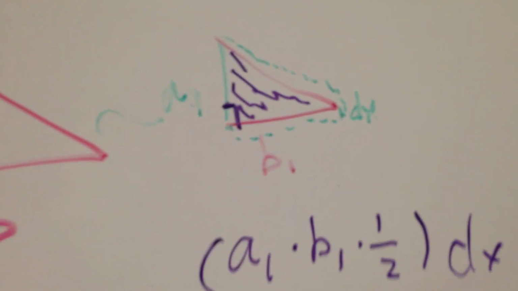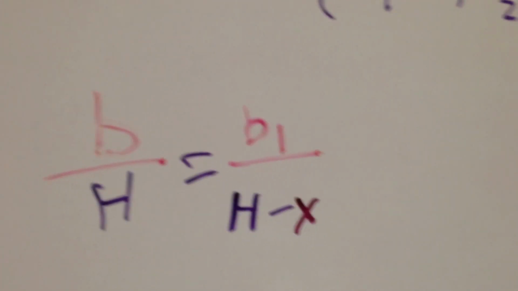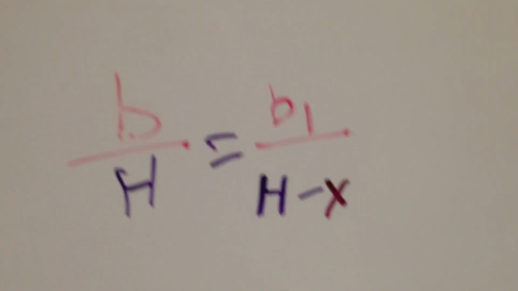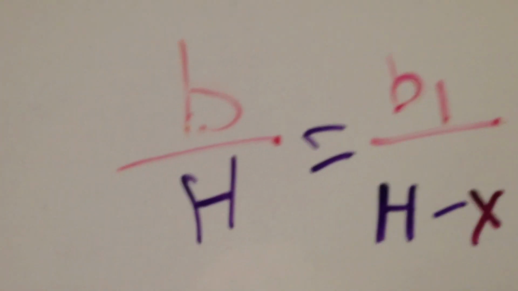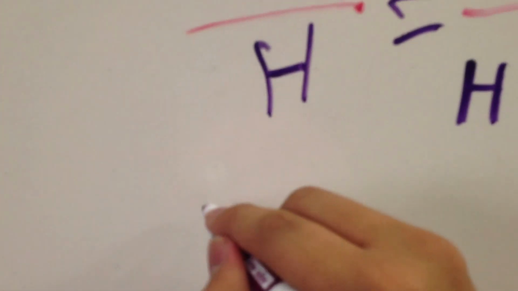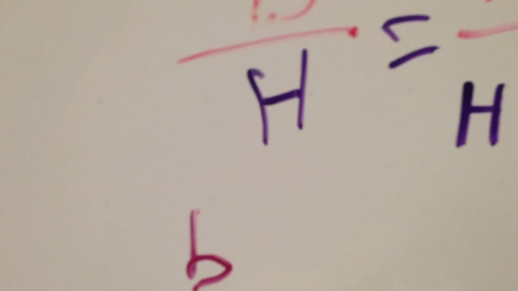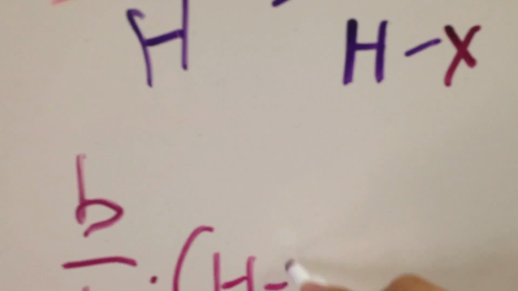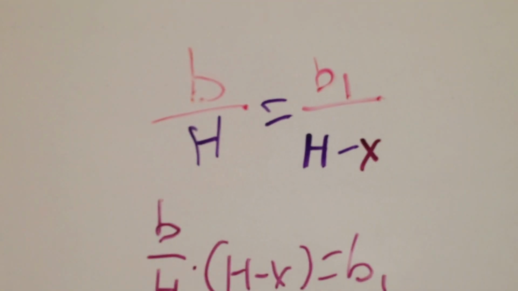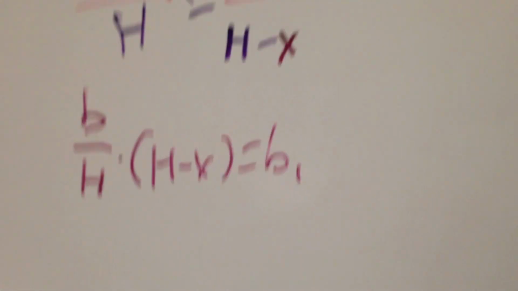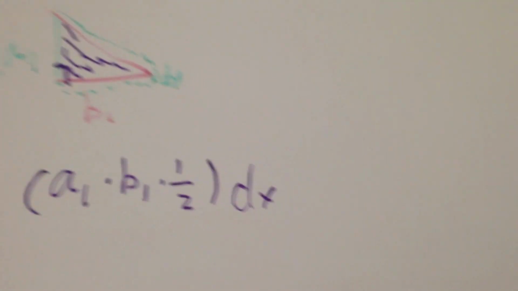So what is B1? We just use multiple property. We times H minus X each side. Therefore, B over H times H minus X equal B1. And we see that why? Because we times H minus X on both sides. Therefore, we isolate B1. And same thing as A. So A is right here.